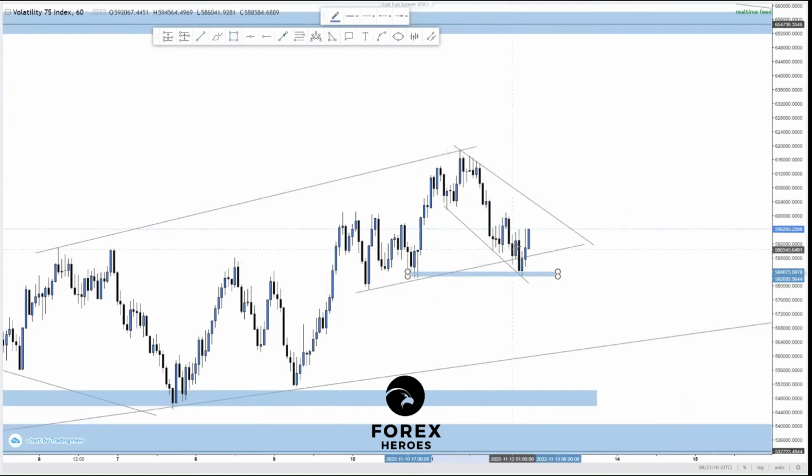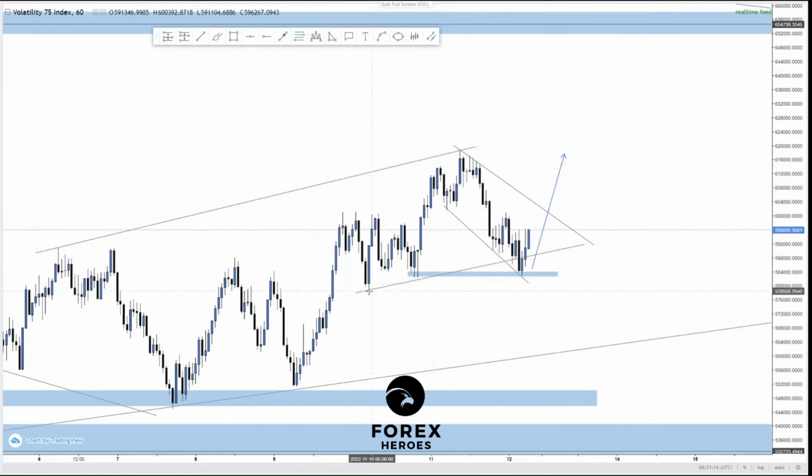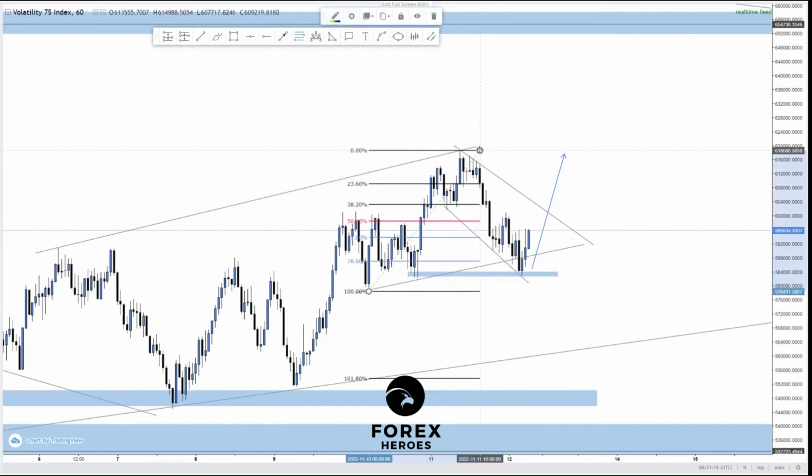We push to the upside, and if you can see, we are within 78.6 and 100.